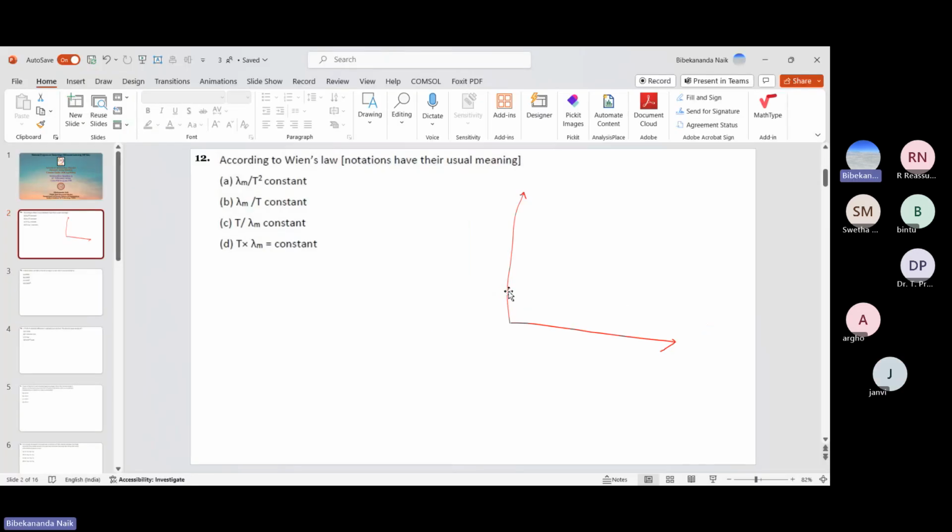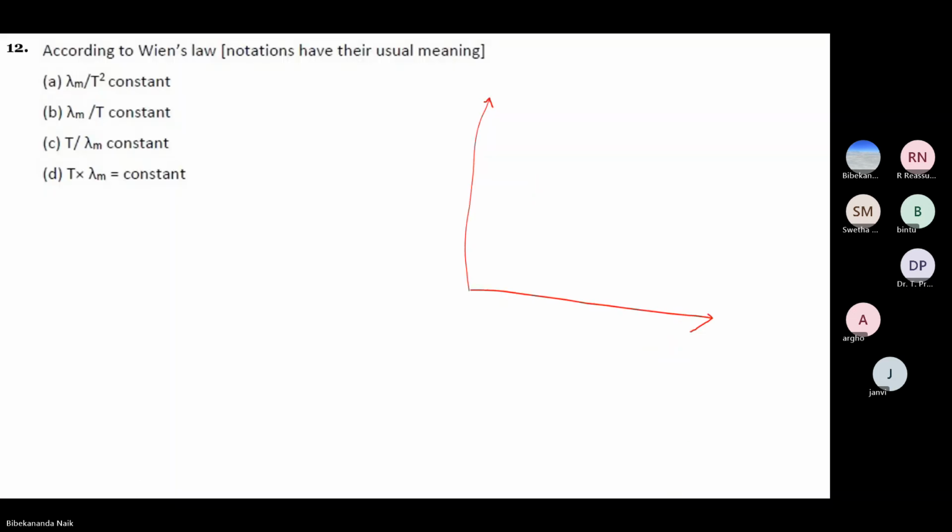Sorry, there is some issue with this pen. Let me solve it. So yes, now we are good to go.